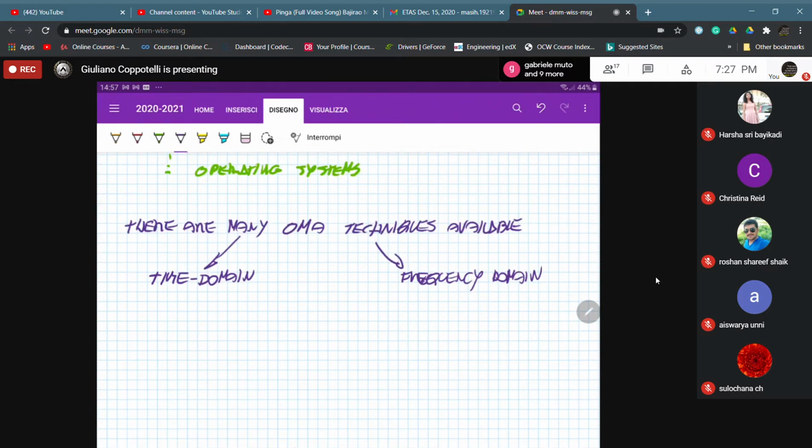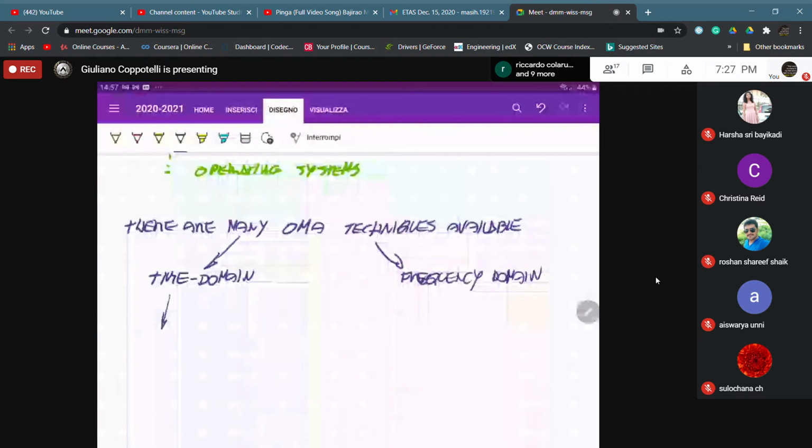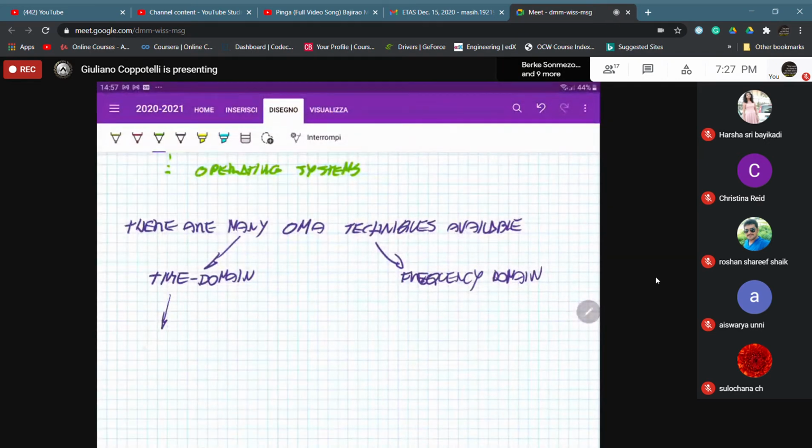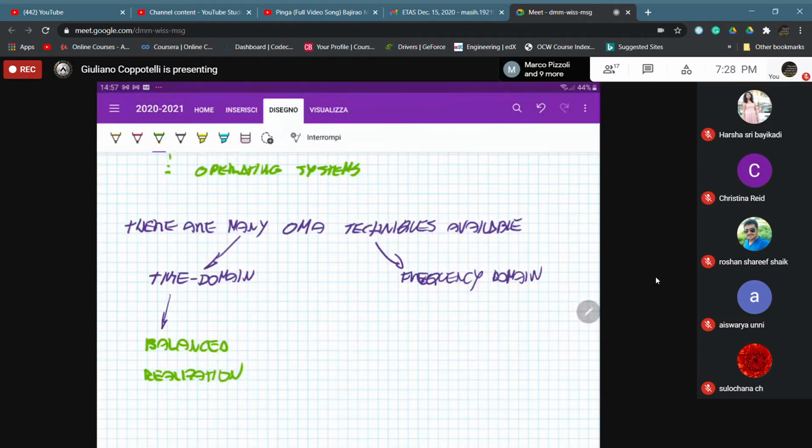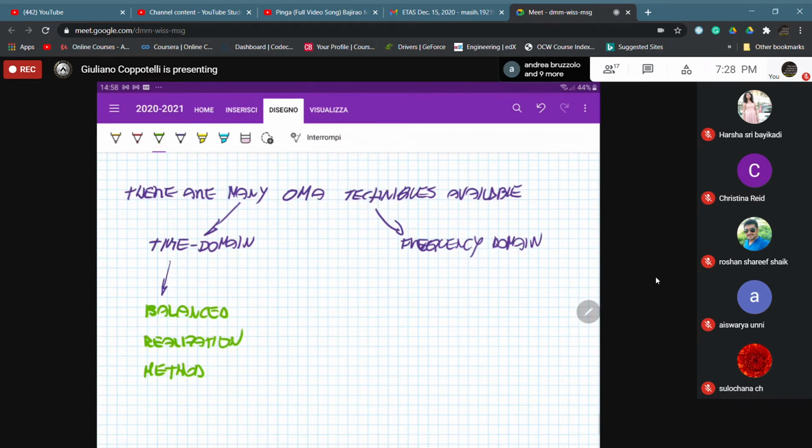The first technique that we are going to see is called balance realization method, and this operates in the time domain. That is generally referred to as BRM.